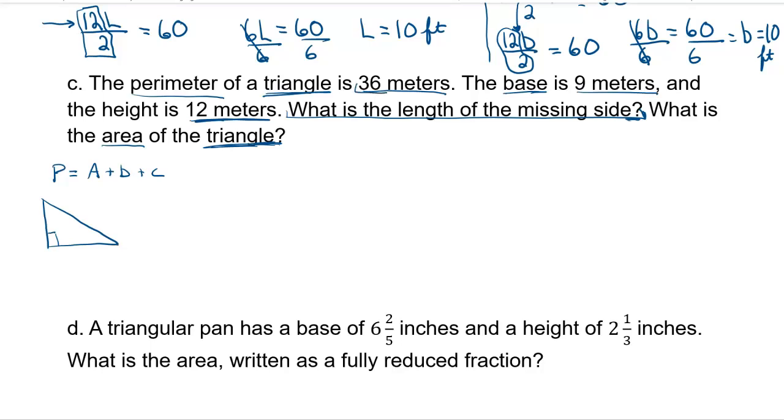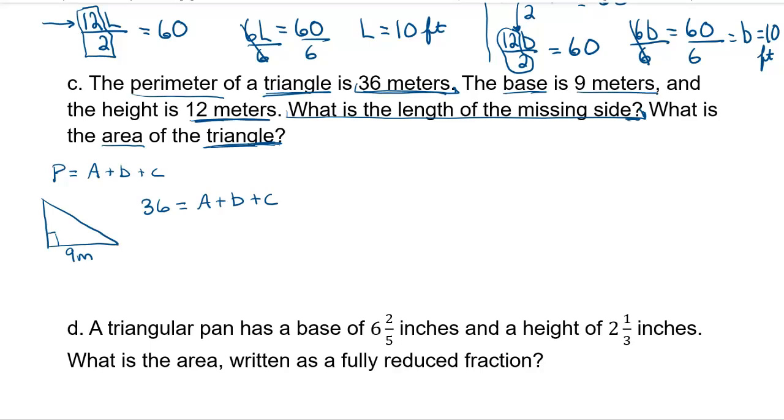Well, we've been given what the perimeter is. So this becomes 36 equals A plus B plus C, right? Now this says the base is 9 meters. I'm going to say that's 9 meters. That's my base.